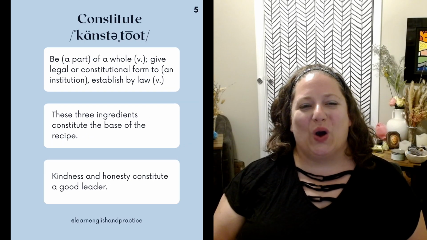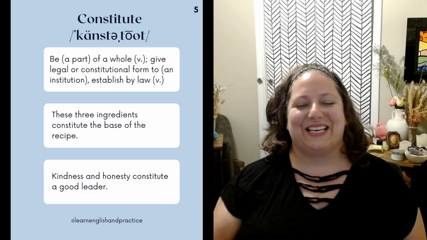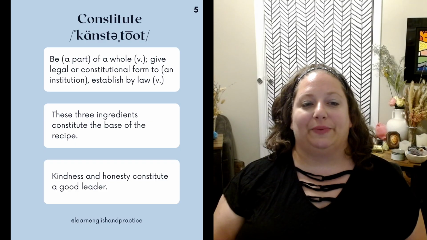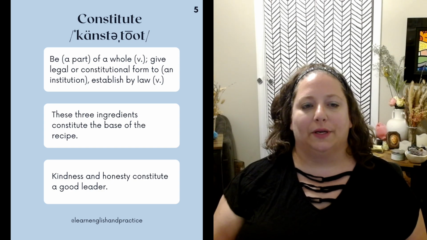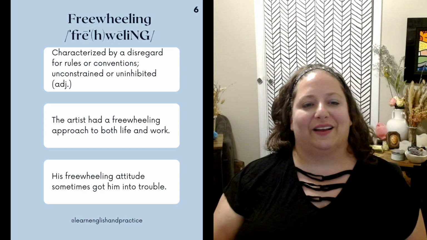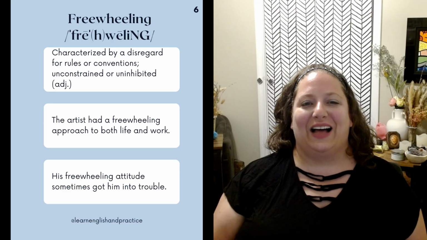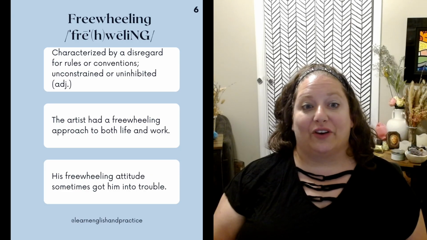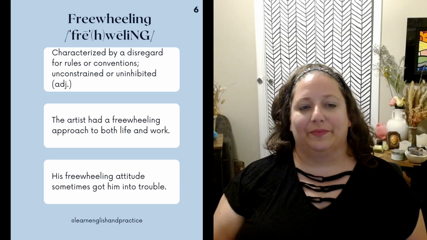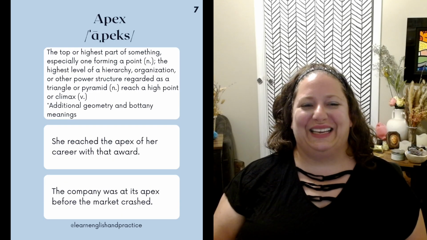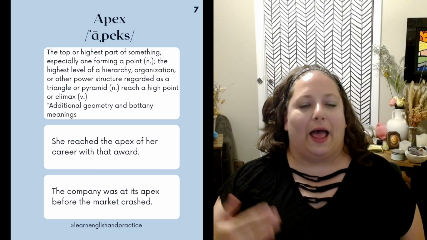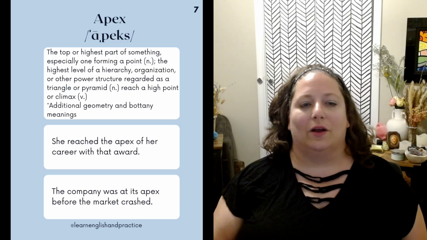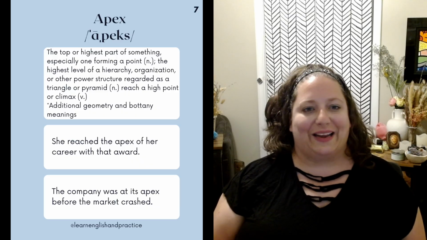Constitute. Constitute is to be part of a whole or to give legal or constitutional form to an institution. Freewheeling. Freewheeling is characterized by disregard for rules or convention. Apex. Apex is the topmost or highest part of something, and that could be a hierarchy, organization, power structure, or any other variety of things.